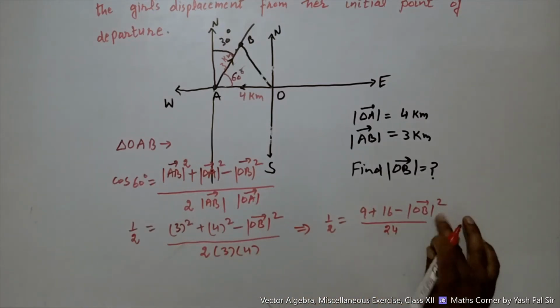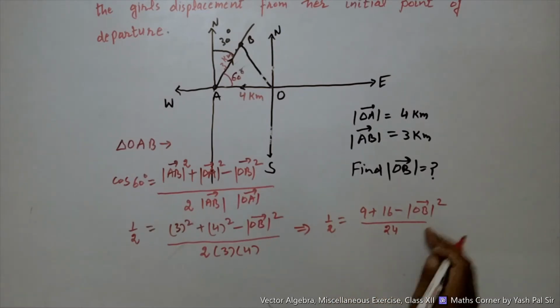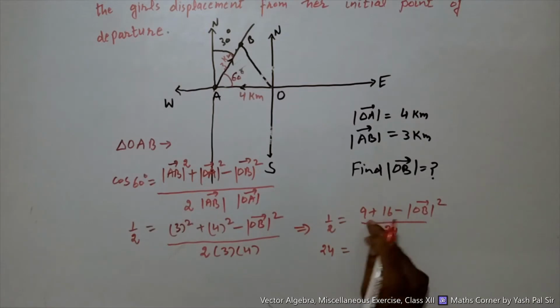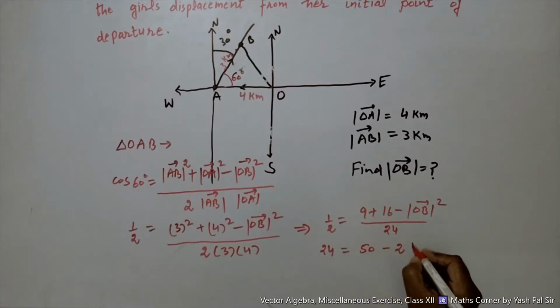So we say cross multiplying now, 24 is equal to 16 plus 9 is 25, 25 into 2 is 50, minus 2 times magnitude of OB whole square.